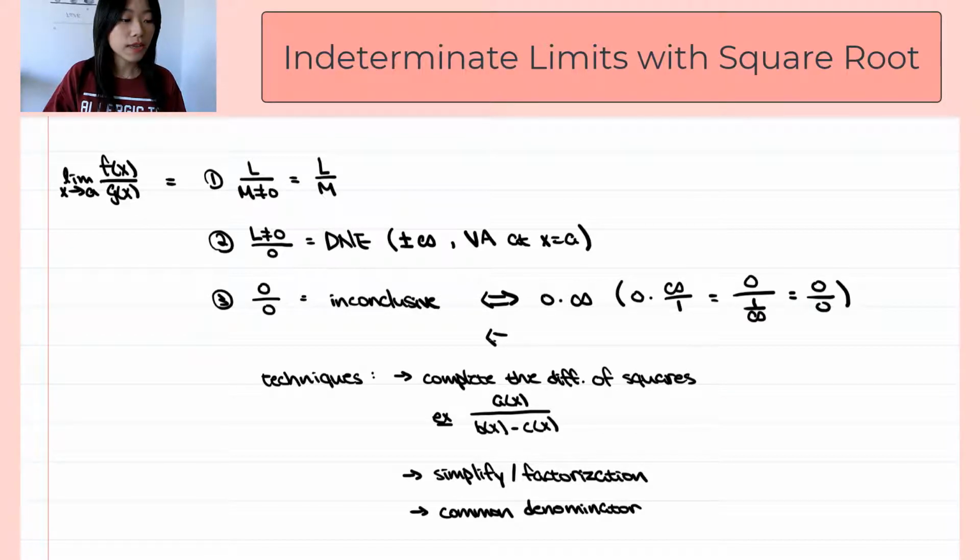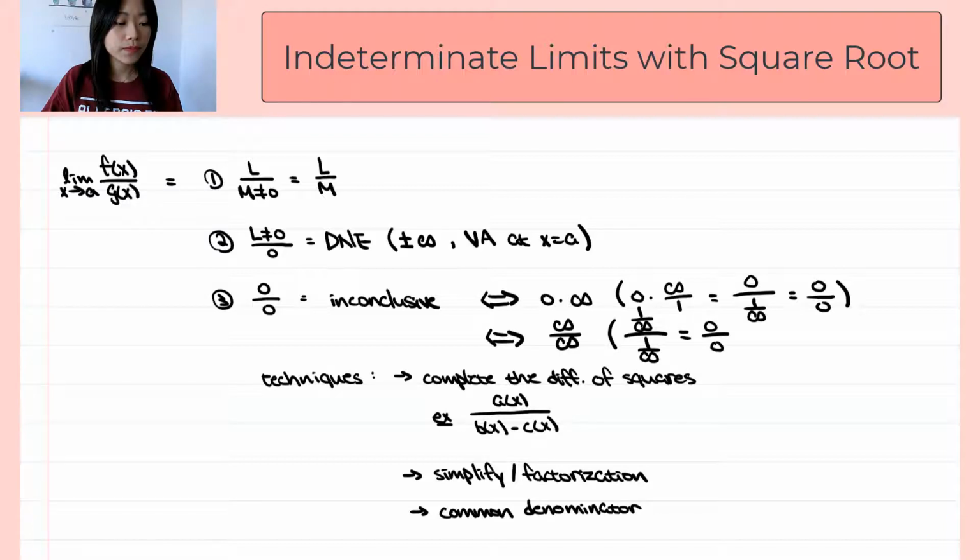This is also equivalent to infinity over infinity. Using the same argument, we can move the infinity in the numerator to the denominator and write it as 1 over infinity, and move the infinity in the denominator to the numerator and write it as 1 over infinity. And that is the same thing as 0 over 0.